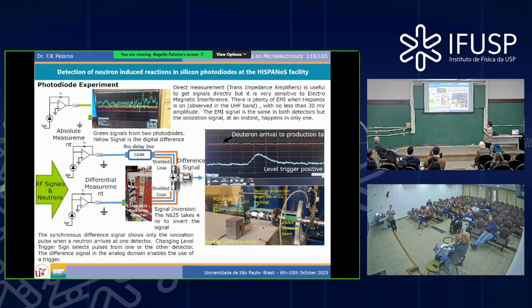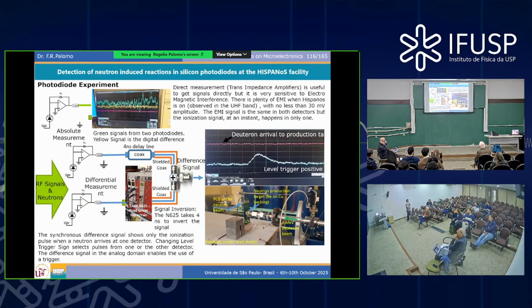That's the absolute measurement. You basically see nothing. Why? Because there is electromagnetic interference produced precisely in the target. You are hitting with deuterons a copper plate. You get a lot of electrons in that copper plate, and the copper plate is emitting microwaves. Okay, so a naive approach is impossible in that case.